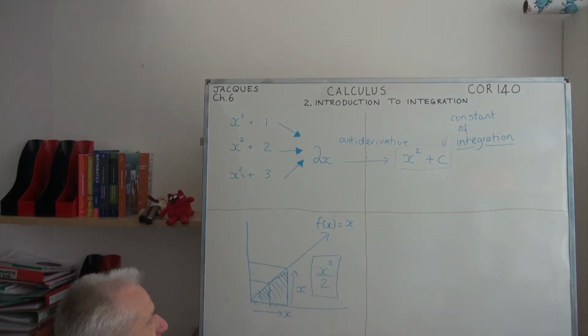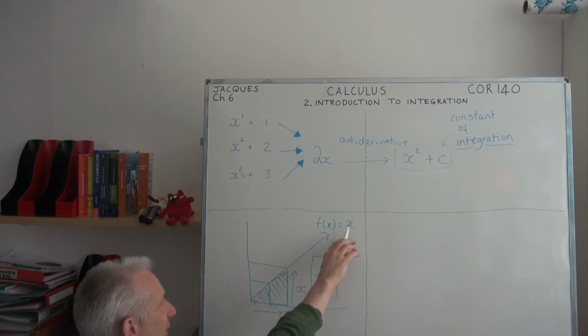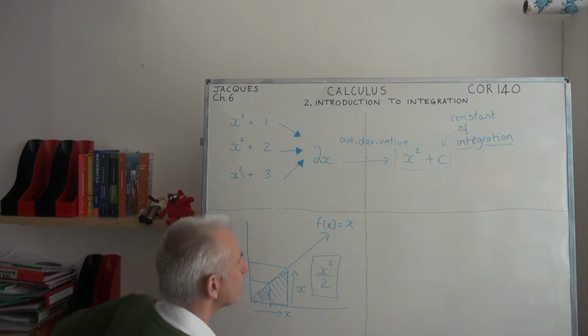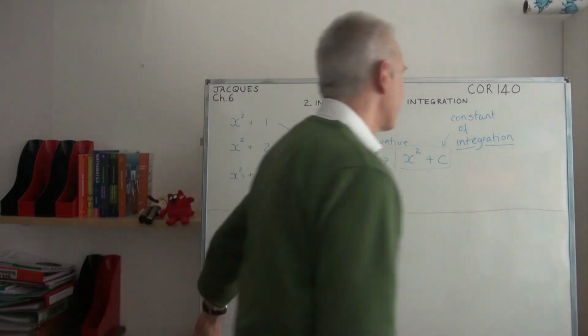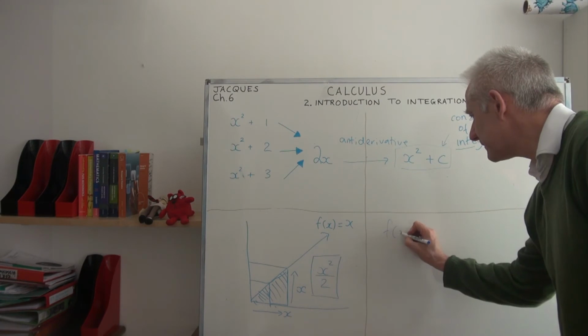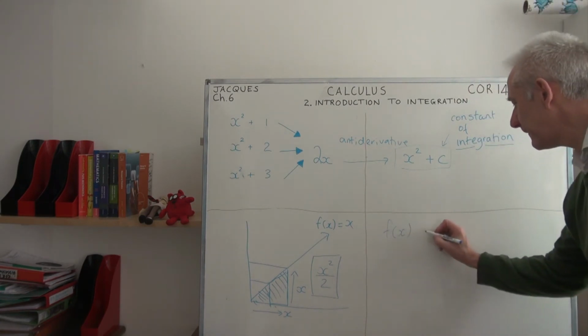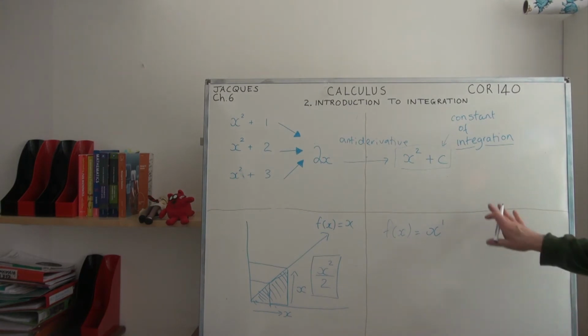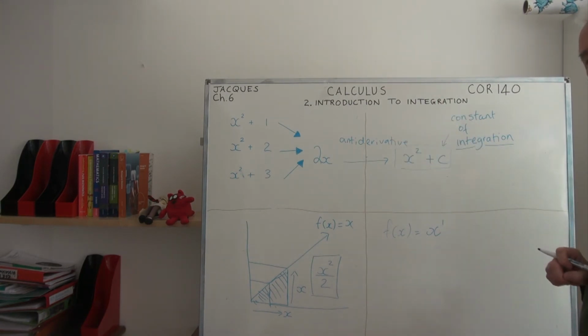What about the process of anti-deriving something? Let's take this function and find an antiderivative for that function and see what we learn. So we have a function in x equal to x to the 1. Let's apply our little technique for finding an antiderivative.